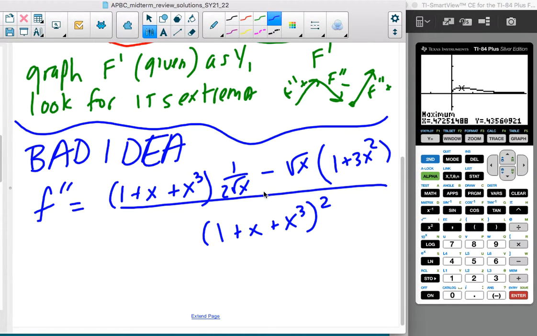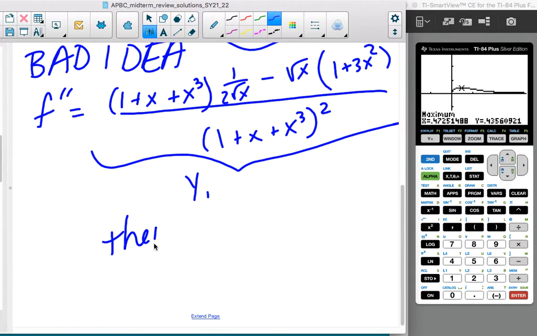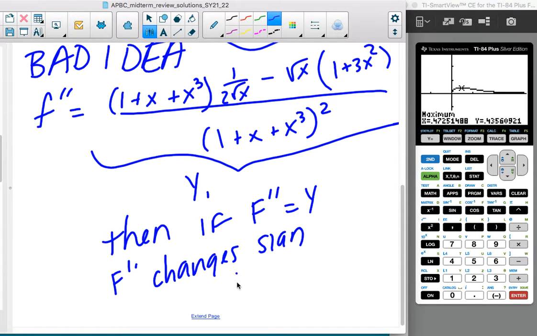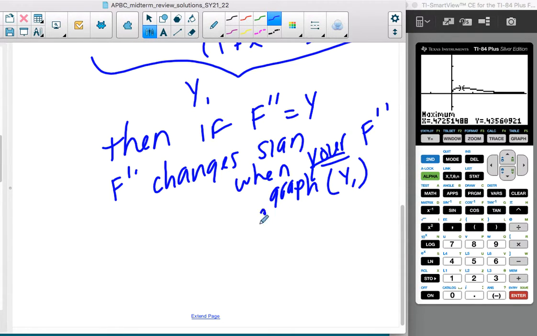If you type this in your calculator as y1, somehow you decide this is y1. Well, then f double prime changes sign when your f double prime graph, which you're calling y1, crosses the x-axis, which would be second calc, zero.